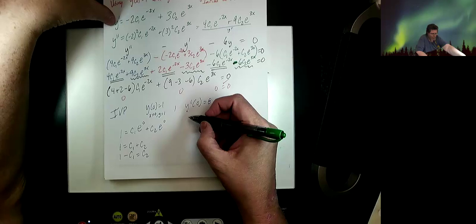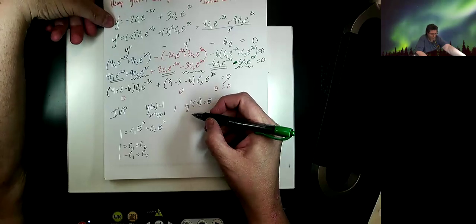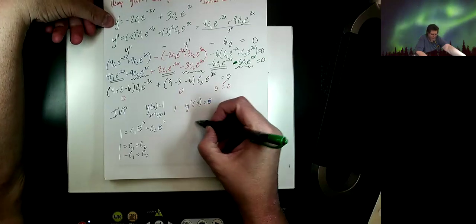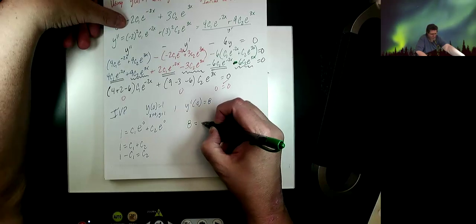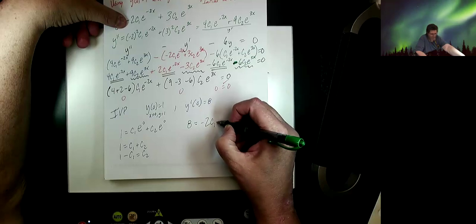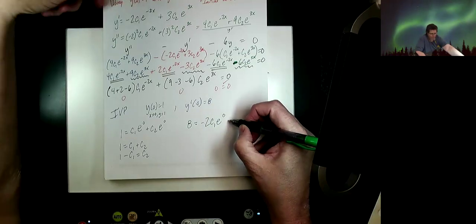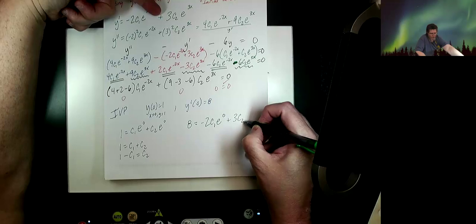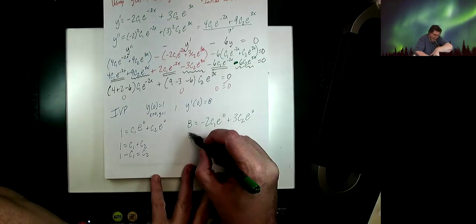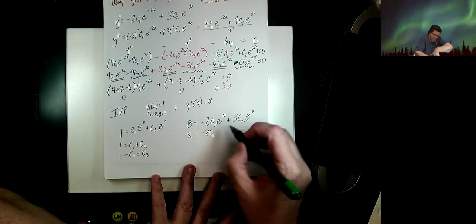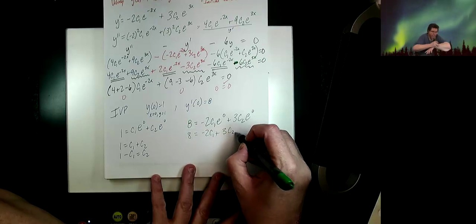When I do y prime, I'm going to this one. I'm saying that y prime of 0 is 8, negative 2c1 e to the 0 plus 3c2 e to the 0, or 8 equals negative 2c1 plus 3c2.